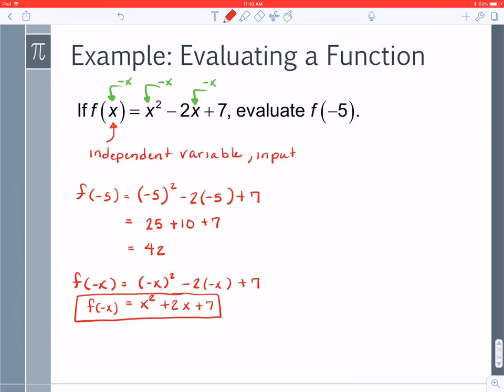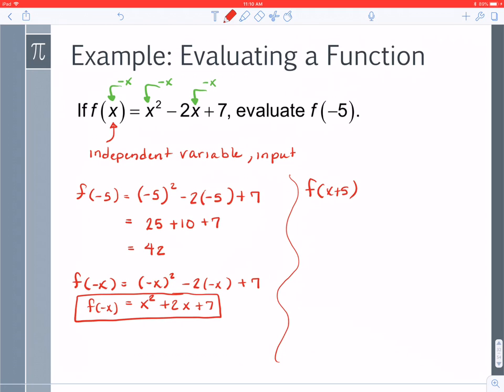All right, what if I want to evaluate this function at, let's say, I don't know, x plus 5? Can I do that? Absolutely, I can do that. Again, how do I evaluate this function at x plus 5?